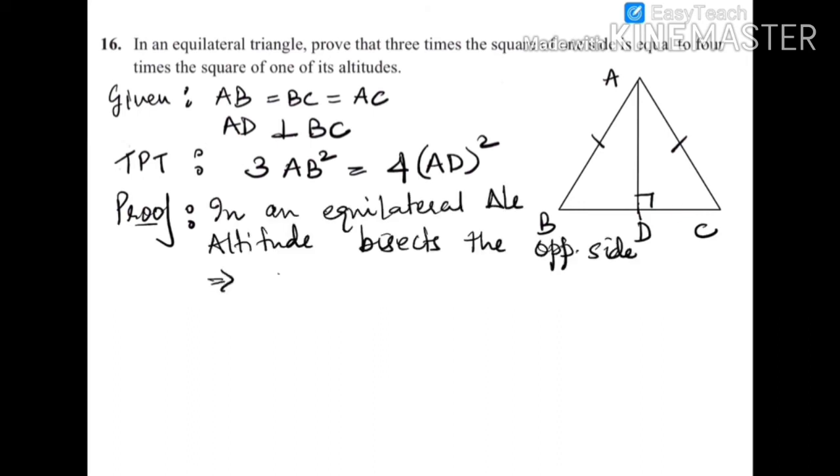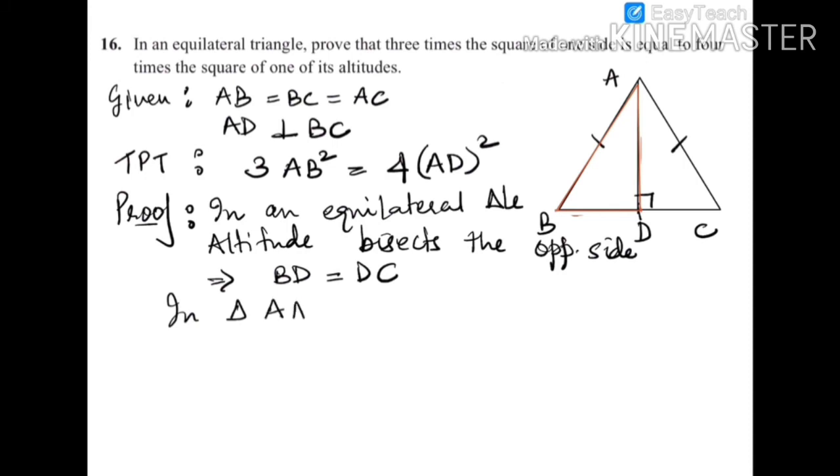So this implies that BD is equal to DC. Now look at what we have to show. The left hand side is 3 times AB square. So we are going to start with AB. Look at the figure. AB is the hypotenuse of right triangle ABD. So we are going to use Pythagoras theorem in this triangle.